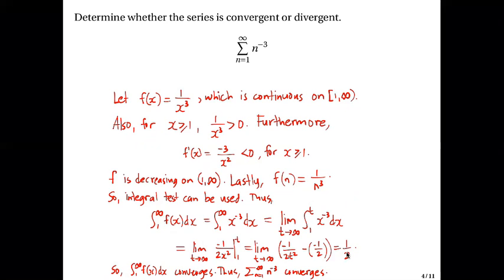This is not the actual sum of the series. So take note of that. This 1/2 is the improper integral from 1 to plus infinity of f of x dx. This is not the sum of the series. We just know that this one converges, but we have to find another way to find its sum. So just a reminder.